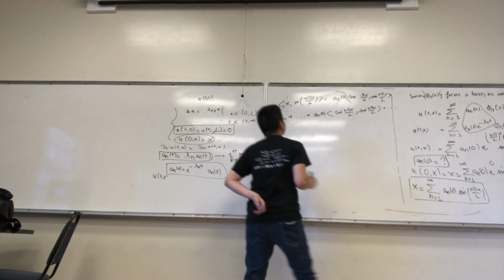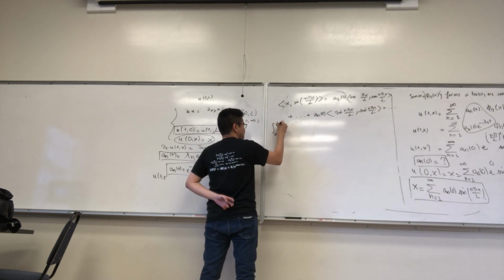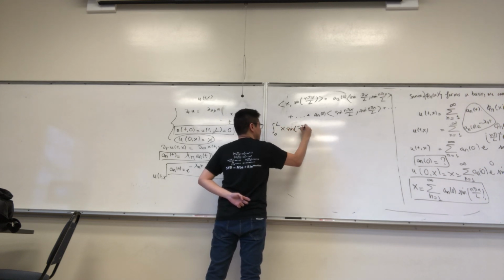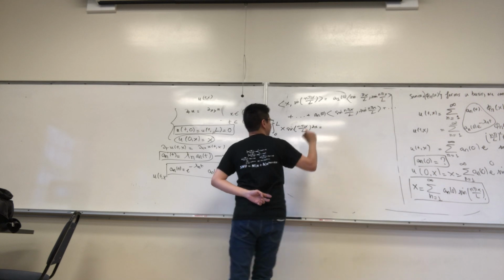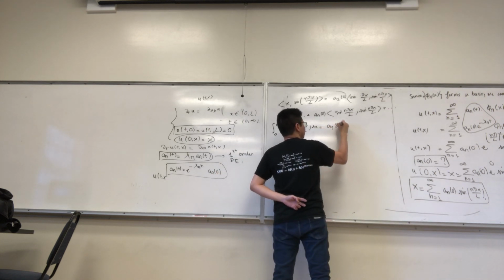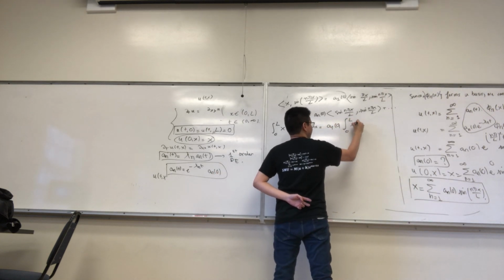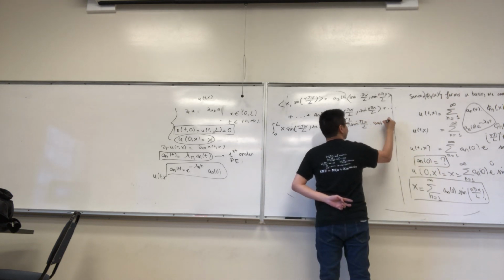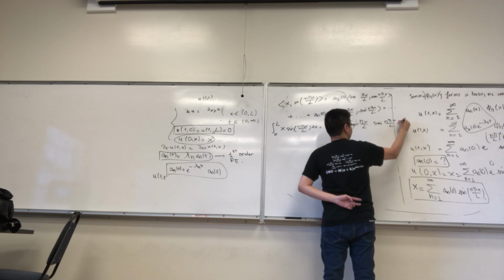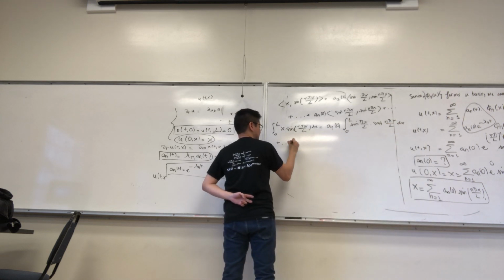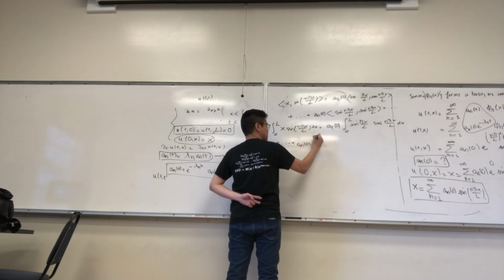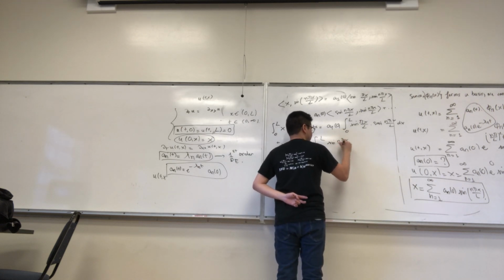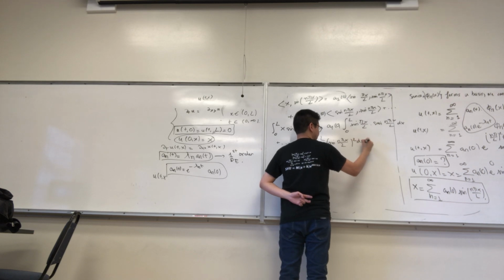Plus everything, right? So this means that you have to take the integral from 0 to L of x sine of n pi x over L dx, which equals a_1(0) times the integral from 0 to L of sine of pi x over L times sine of n pi x over L dx, plus a_n(0) times the integral from 0 to L of sine of n pi x over L squared dx.